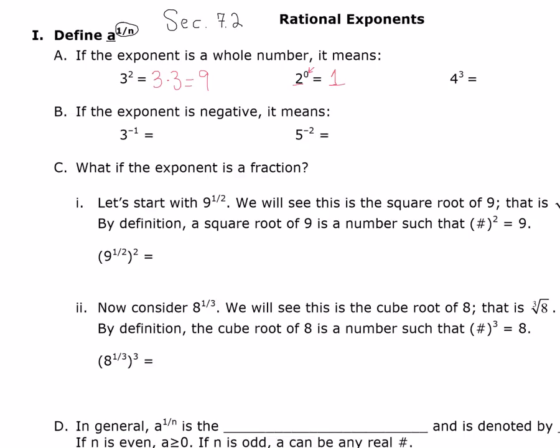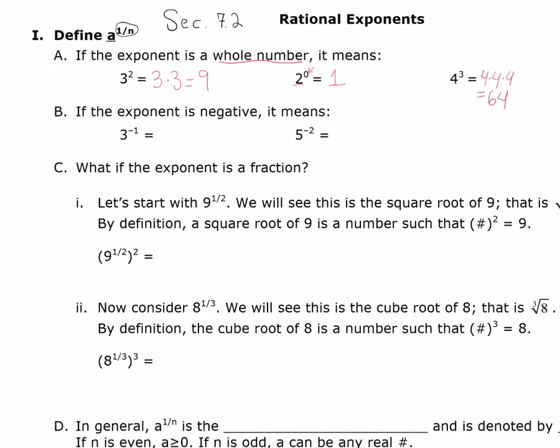And then here we have 4 to the power of 3. We know that's 4 times 4 times 4. 4 times 4 is 16, 16 times 4, we're left with 64. So these are regular exponents that happen to be whole numbers.